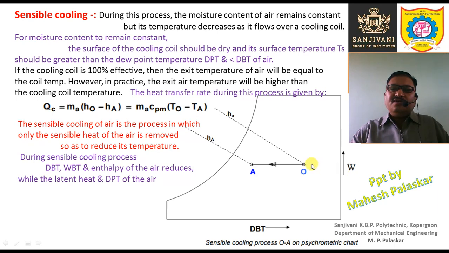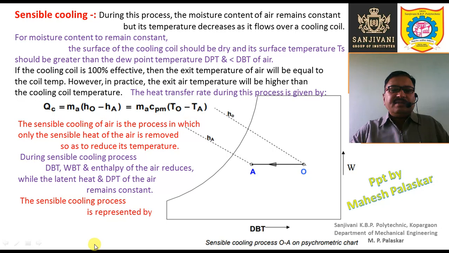Since there is no change in the specific humidity, the latent heat will not change, okay, and the dew point temperature also does not change, because this horizontal line represents the constant dew point temperature, right. So the latent heat and dew point temperature of the air remain constant.